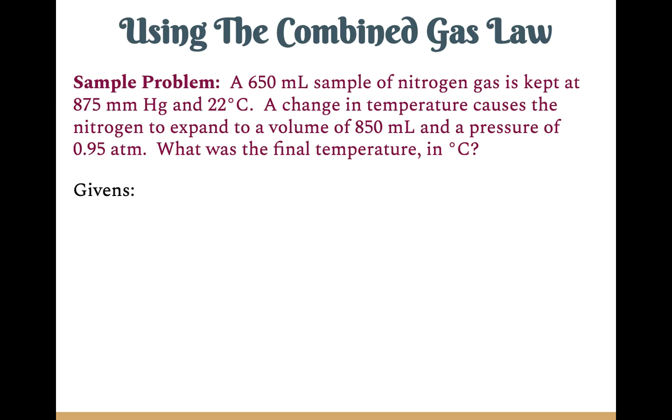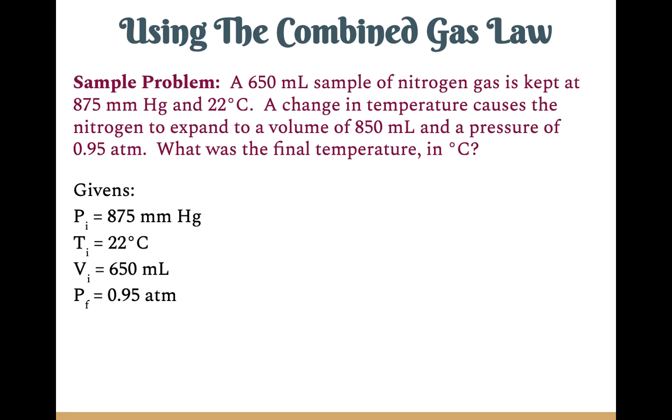Again, we'll write down our givens. We've got an initial pressure of 875 millimeters mercury, an initial temperature of 22 degrees Celsius, an initial volume of 650 milliliters, and a final pressure of 0.95 atmospheres. We're trying to find that final temperature in degrees Celsius, and we have the final volume of 850 milliliters.